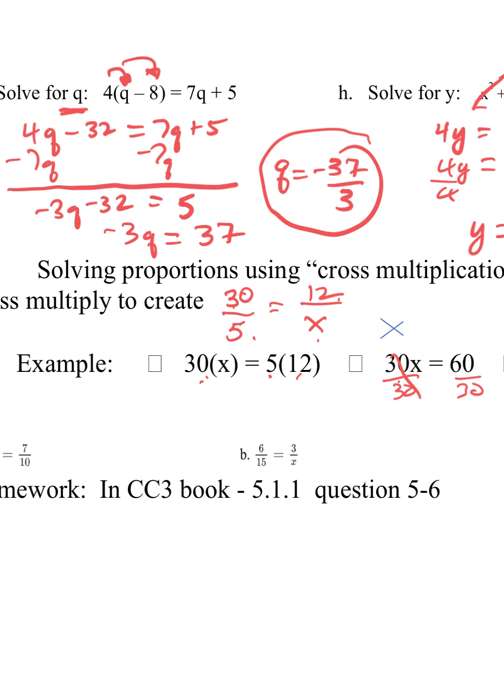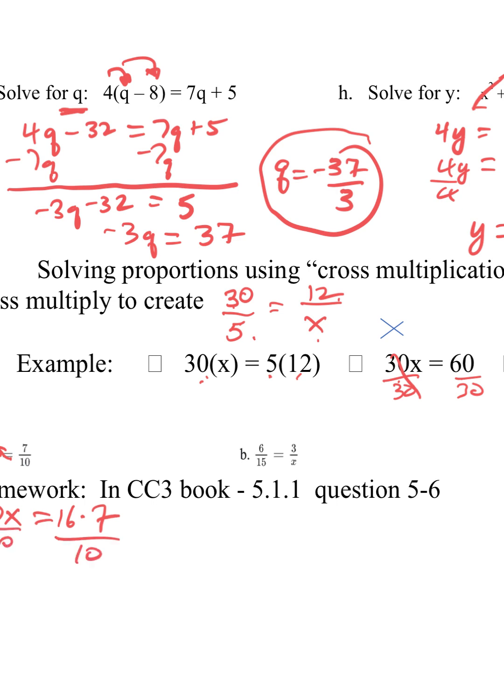So for example here, it's 10, so 10 times x is 10x equals 16 times 7. And then you're going to divide by 10.